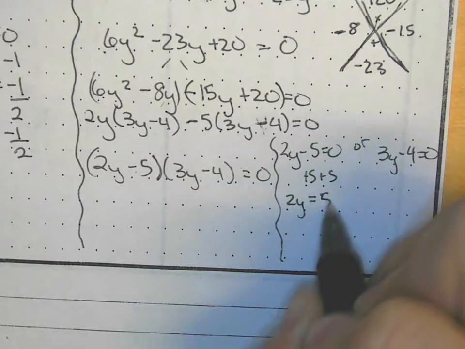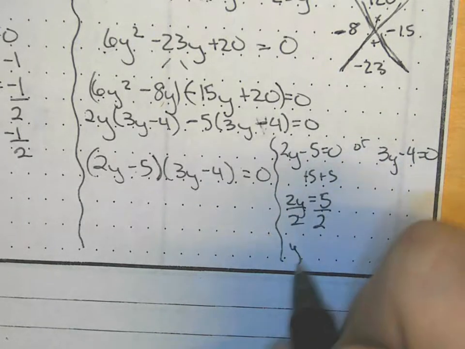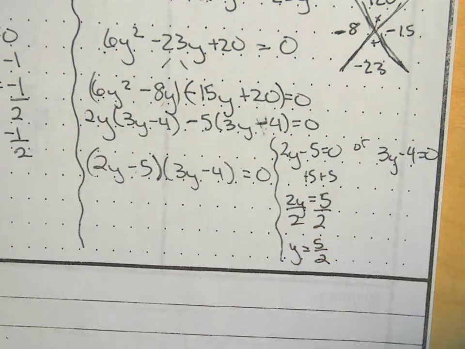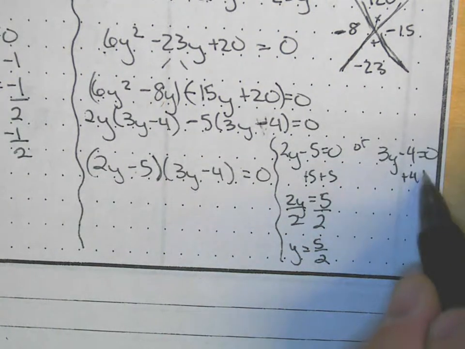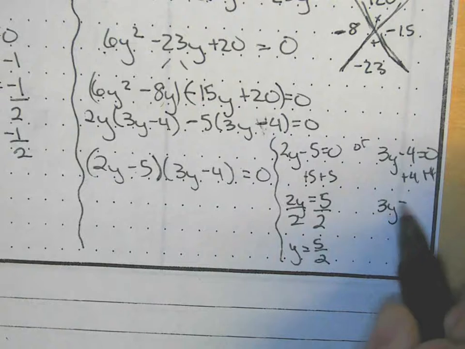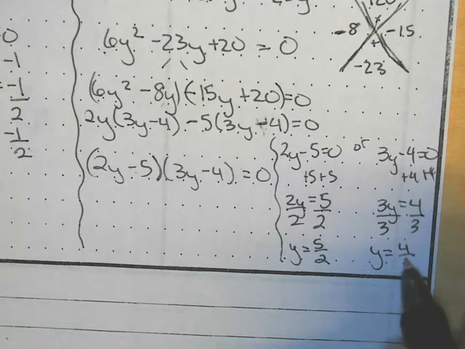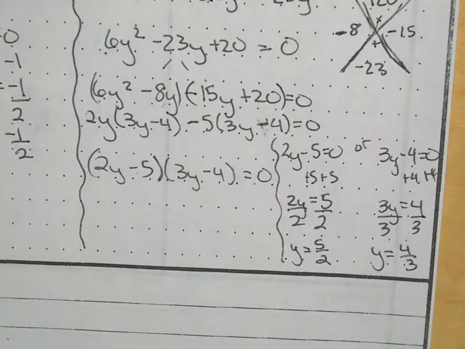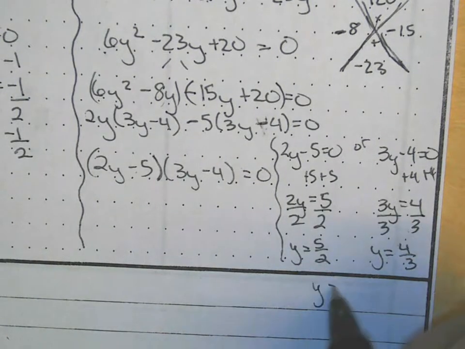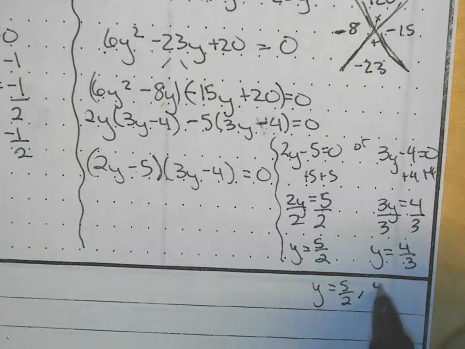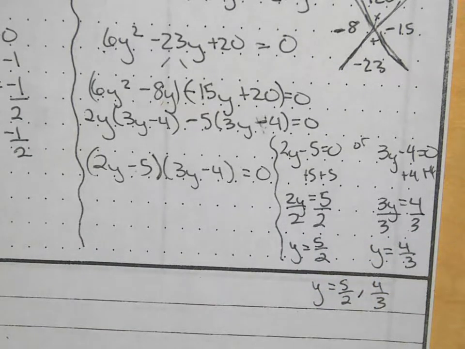So 2y equals 5. Divide by 2, and we get y equals 5 halves. Over here, we'll add 4 to both sides. So I have 3y equals 4. Divide by 3, and we get y equals 4 thirds. So our answer would be y equals 5 halves, comma, 4 thirds.